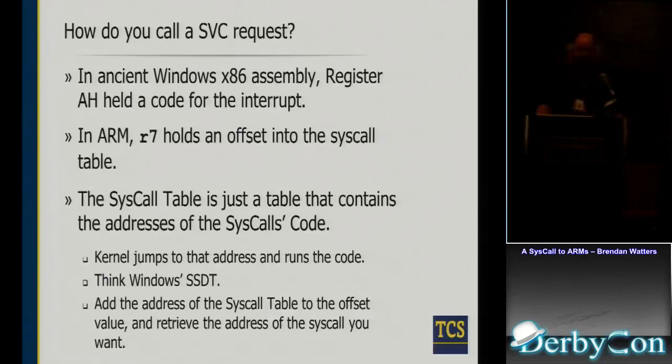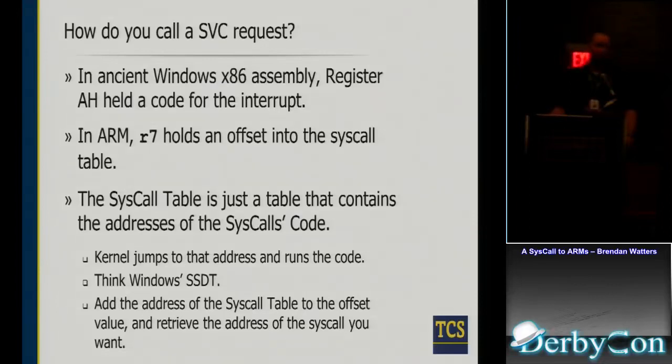So that particular number is actually just an offset into the syscall table. So whenever you ask the kernel to do something, you populate that R7 with an offset in the syscall table. The kernel then goes to the syscall table, takes that offset, goes to that location in the syscall table. The syscall table is just a table full of 32-bit addresses.